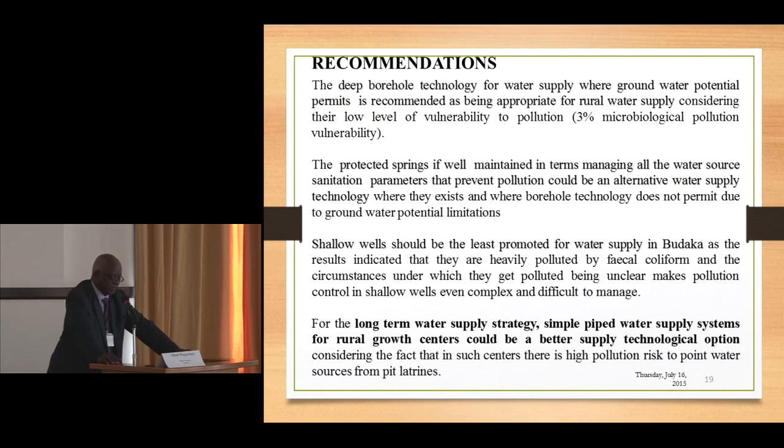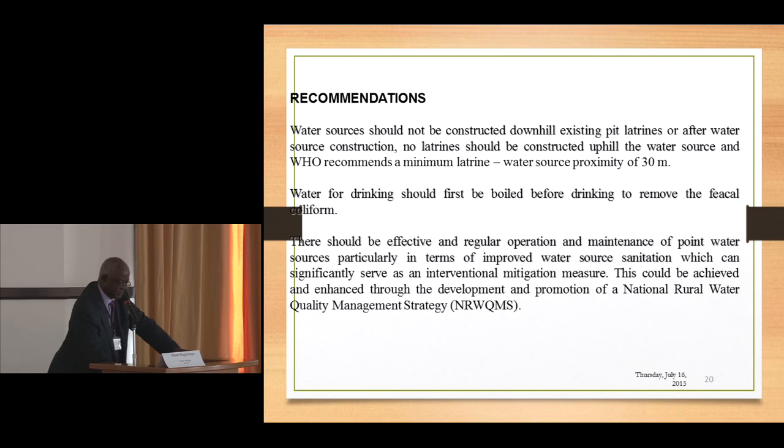Protected springs, if well maintained, can provide good water. Shallow wells are not recommended, but the long-term strategy would be small piped water supplies that will control the risk and, provided there is funding, will reduce the problem of poor rural water quality.